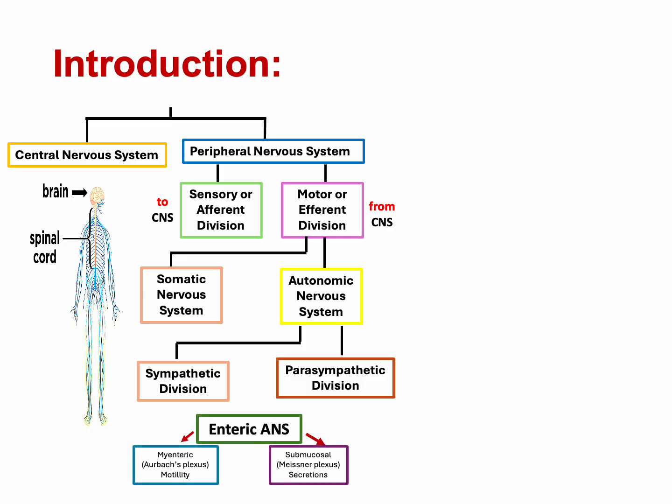The enteric nervous system, often seen as the third branch, operates semi-independently within the digestive tract but stays connected to the autonomic system, and each system has distinct neuronal structures suited to its specific function.